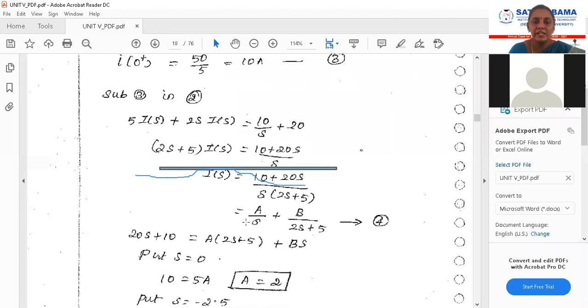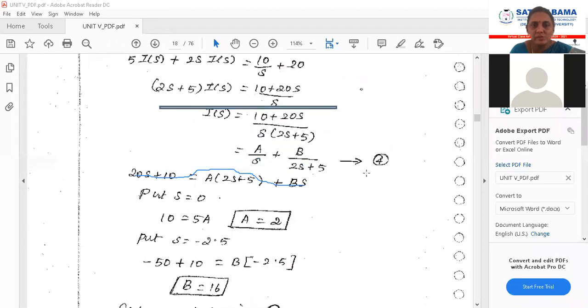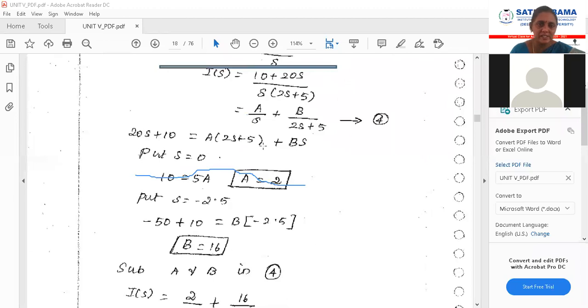Next, by solving by partial fractions, you will split down the equation and write it as A by s plus B by 2s plus 5. So now the expression will be 20s plus 10.